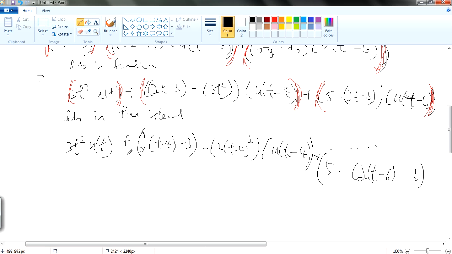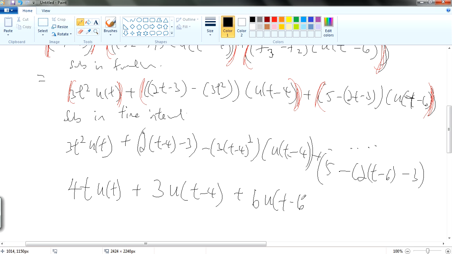The next step is to solve whatever that is, and you'll get some numbers. Let's say 4t, then t plus 3, and then u(t minus 4), plus 6, u(t minus 6).